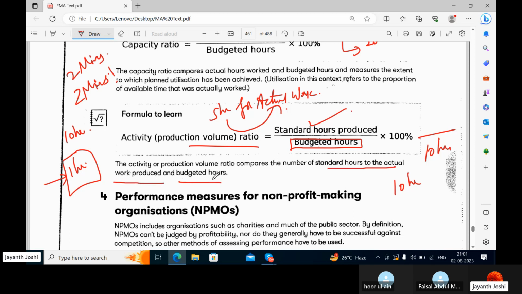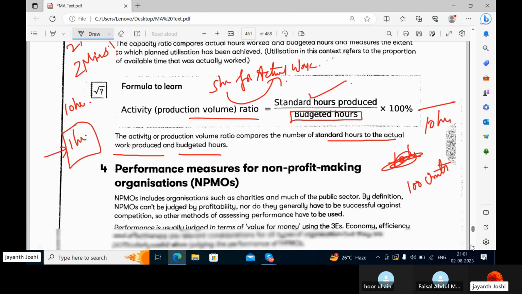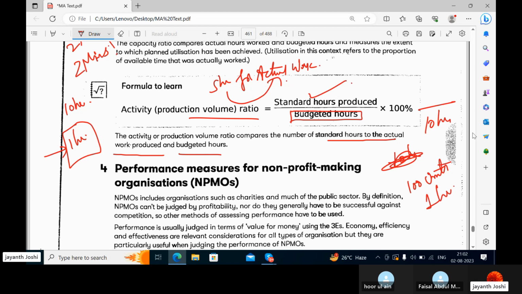So see, according to us, what we have budgeted is when we want to make 100 units, please understand. For making 100 units, it takes 1 hour. That is the standard.